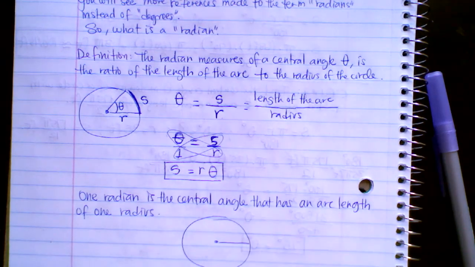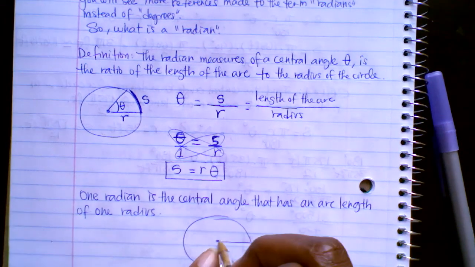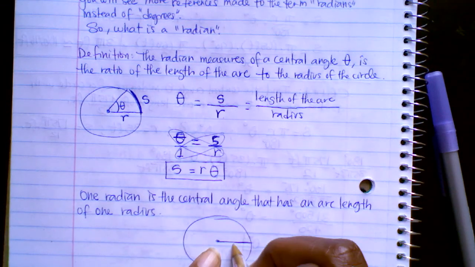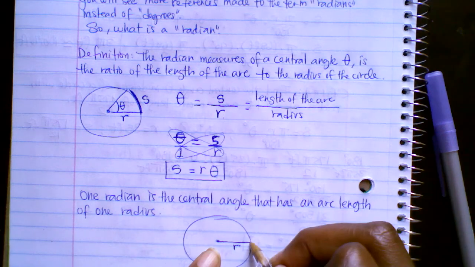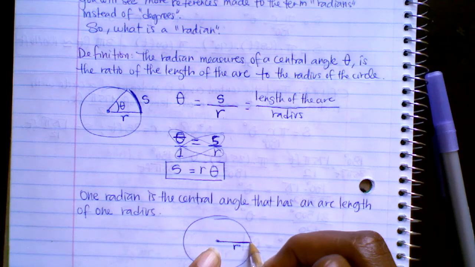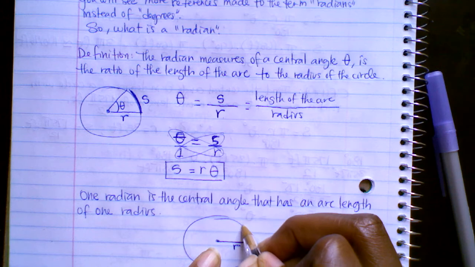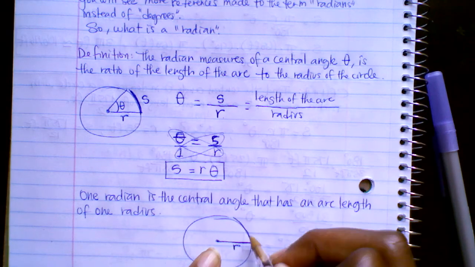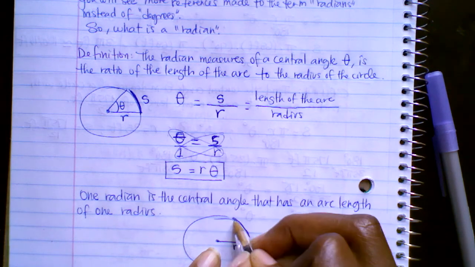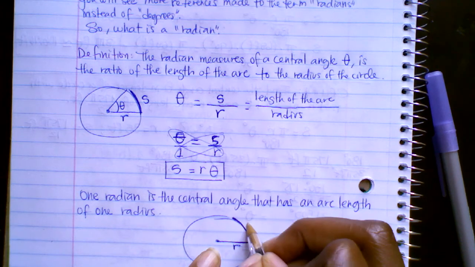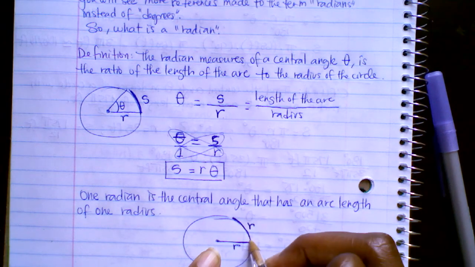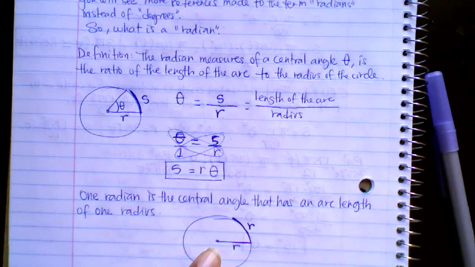This is a radius. So what happened is, if you take the radius and wrap the length of the radius around the edge of the circle, this also is a radius, so this size I'm approximating to be r.